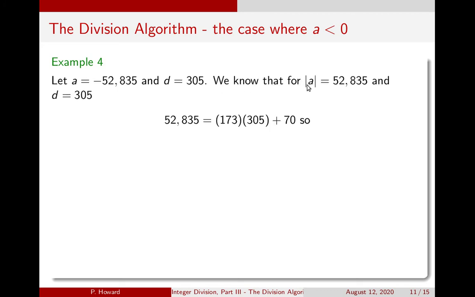Okay, so we know how to find the quotient and remainder for the absolute value of a. Right? The absolute value of a will be a positive number. In this case, 52,835. So we calculate the quotient and remainder for the absolute value of a. This was our last example. 52,835 is 173 times 305 plus 70.